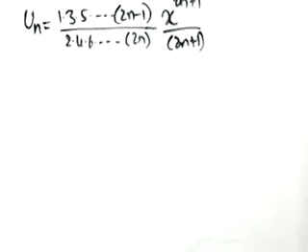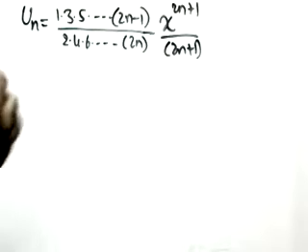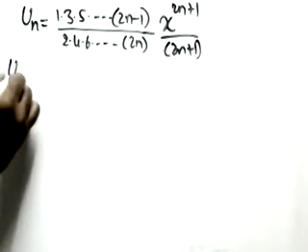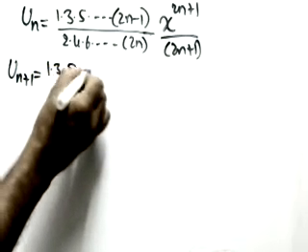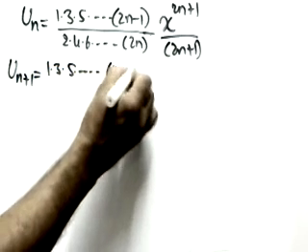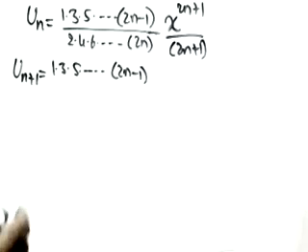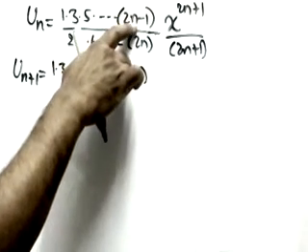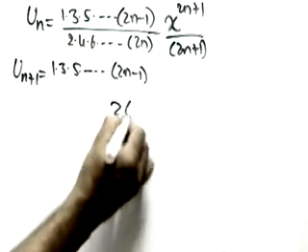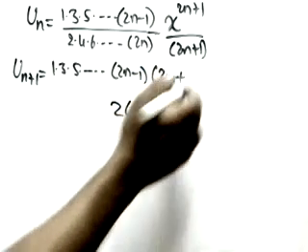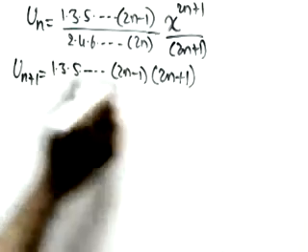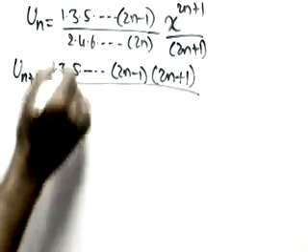Now we have to write un plus 1. See here, un plus 1 equals: you write this as it is, 1, 3, 5 and so on up to 2n minus 1. The next term will be, in place of n, you keep n plus 1. So 2 into (n plus 1) minus 1 gives 2n plus 1.